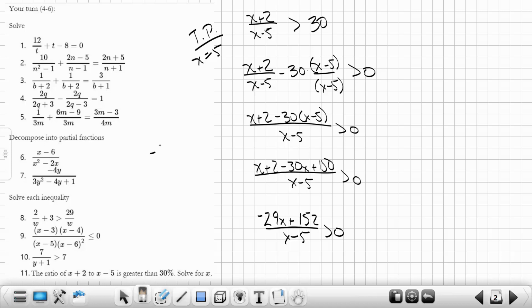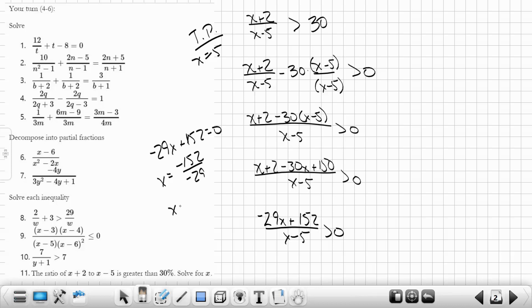So my other test point is negative 29x plus 152 equals 0. Subtract 152, divide by negative 29, I get negative 152 over negative 29. 29 is prime, but does it go into 152? Let's see, 6 would give me 120. No, it's not going to go in.